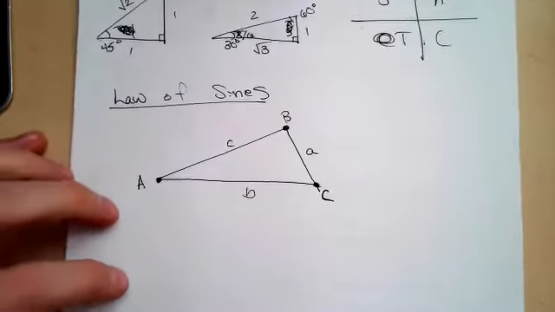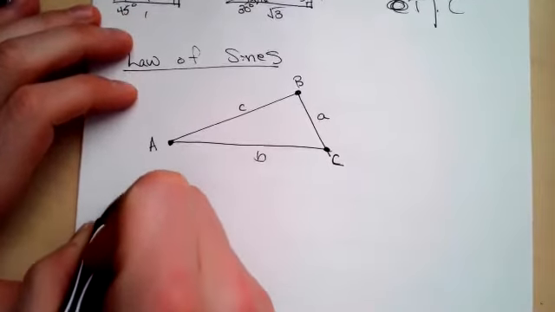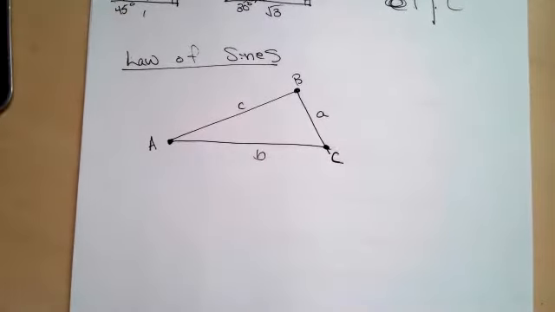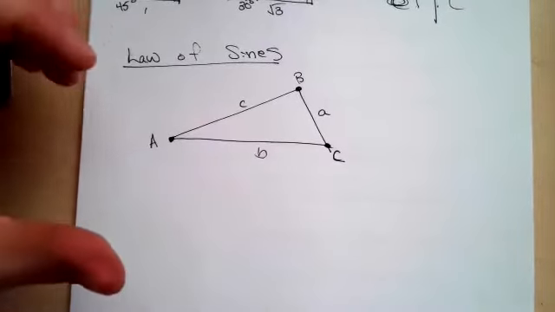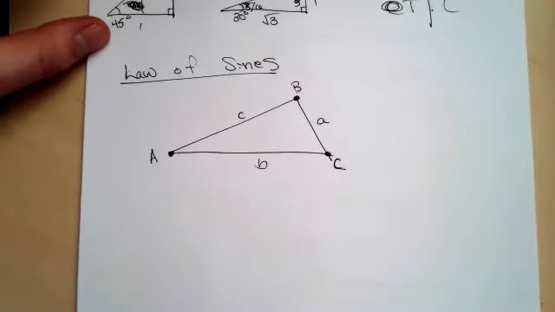And what does the law of sines say? The law of sines says that the relative value of the sine of an angle to its opposite side is constant.